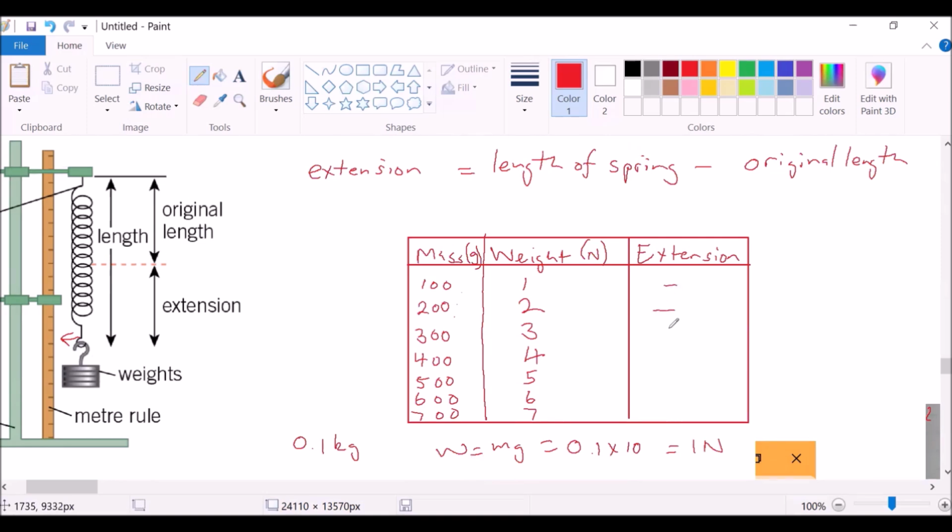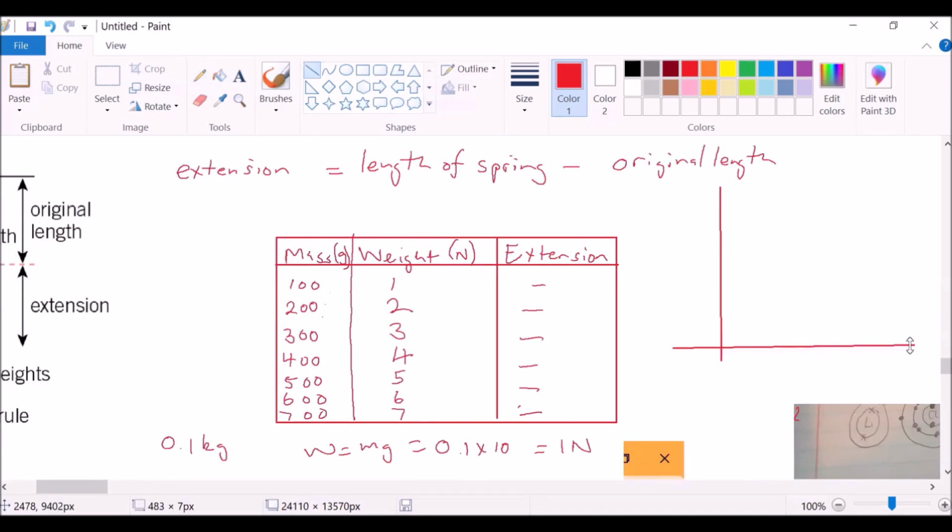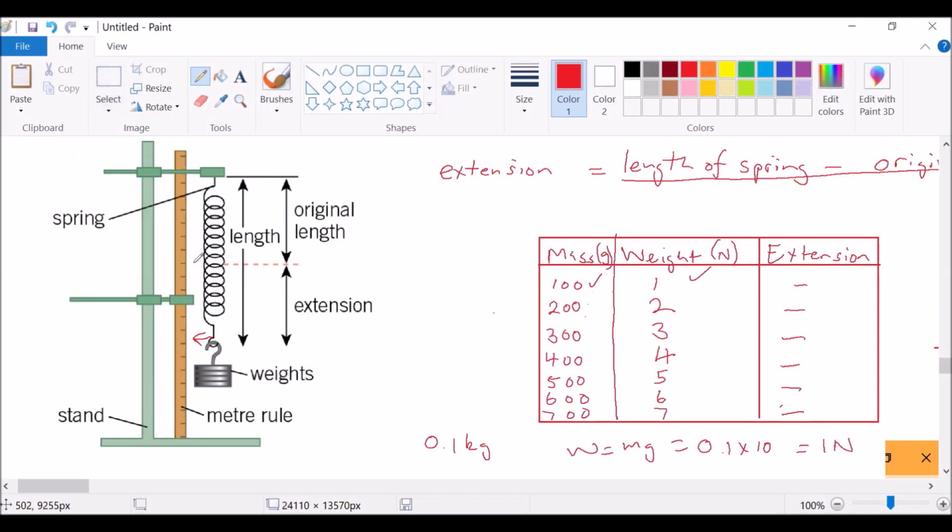Once we have these values, we then plot a graph of the weight, which is a force in newtons, versus the extension in meters. The values we'll get when we calculate our extension will be in millimeters.